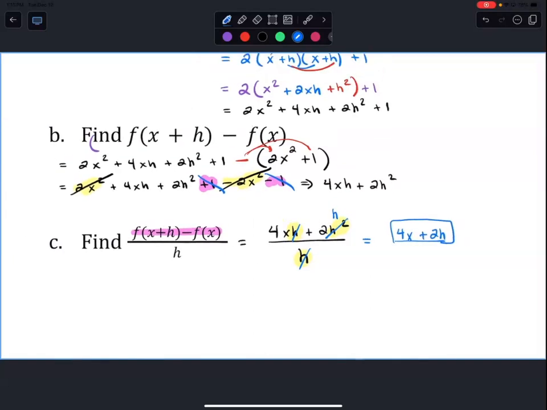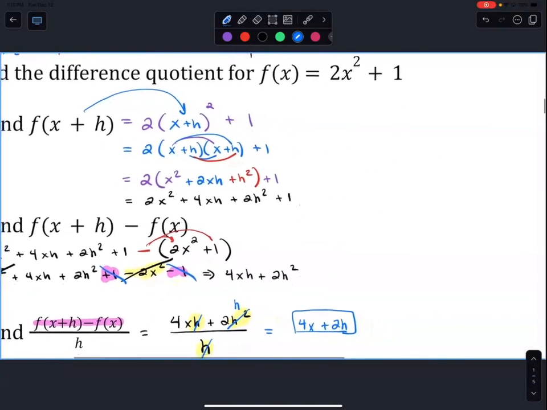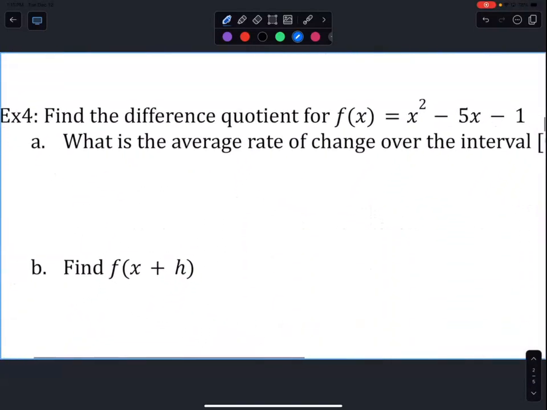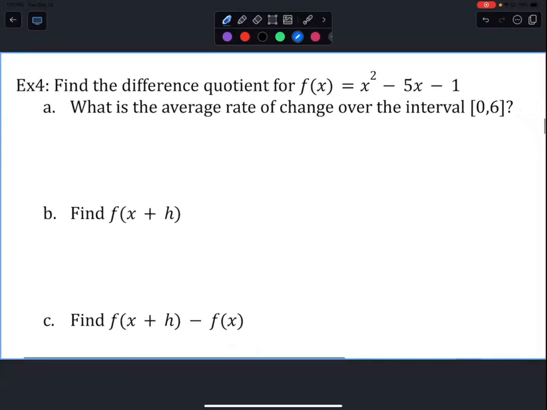Okay, so I'm going to take this, and I'm going to do it one more time. This time I'll do it with the function x squared minus 5x minus 1. Okay, so this ultimately is going to give you the same exact answer as how we get part A. So how do we find the average rate of change on part A?